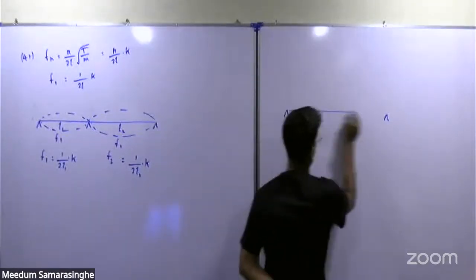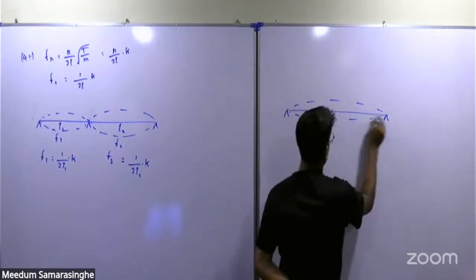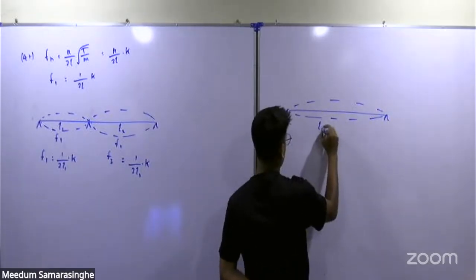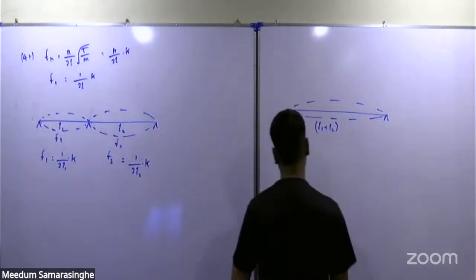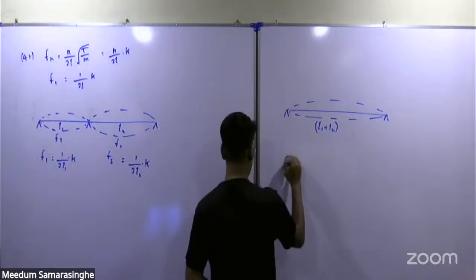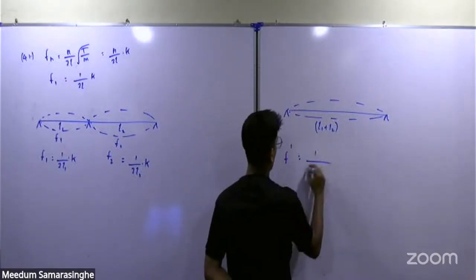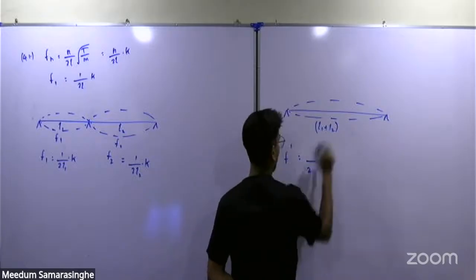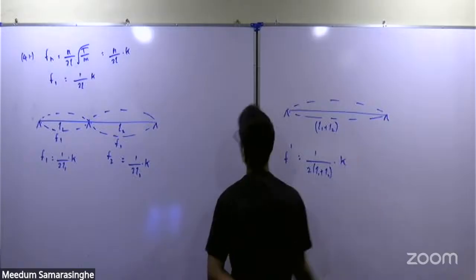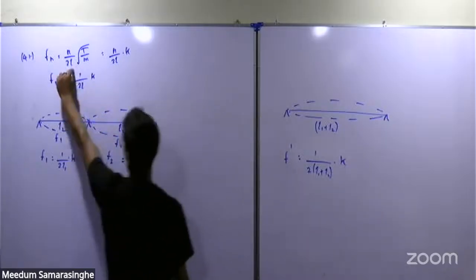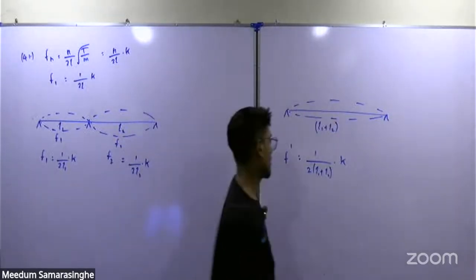Now we only have this wire. So when it is oscillating in the fundamental frequency, what is the length of the string? That is L1 plus L2, right? Total length. Let's say the fundamental frequency is F dash. Fundamental frequency is 1 over 2L times K, but the length of the string is now L1 plus L2.